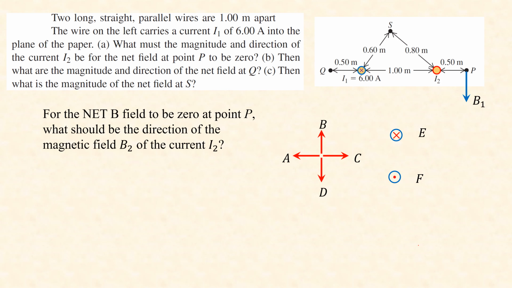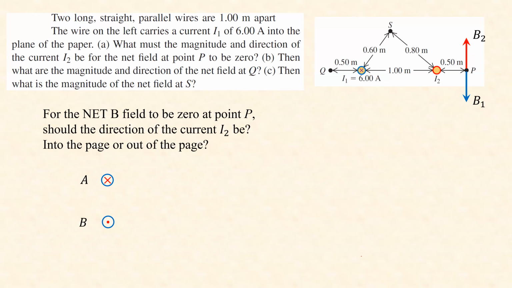Which direction should it be, so that the net field at P becomes 0? It's the opposite direction, which is B. B, very good, yes. So the answer is this. The other one has to be in this direction so that the magnetic field is 0, and should be in the same magnitude, so the answer is B2 has to be in this direction and the same magnitude, and cancel it exactly, okay?